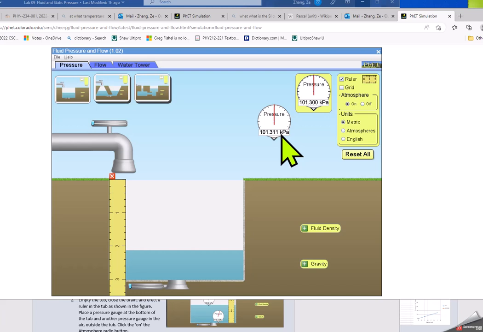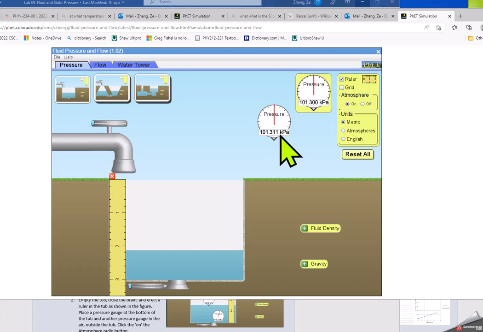Pascal is a small unit. One newton is a force, and over 1 square meter, that's a very tiny pressure. But actually the air exerts pressure on everything, and that is a very strong pressure. That's about 101 kilopascals, which means on 1 square meter you will have about 100,000 newtons.